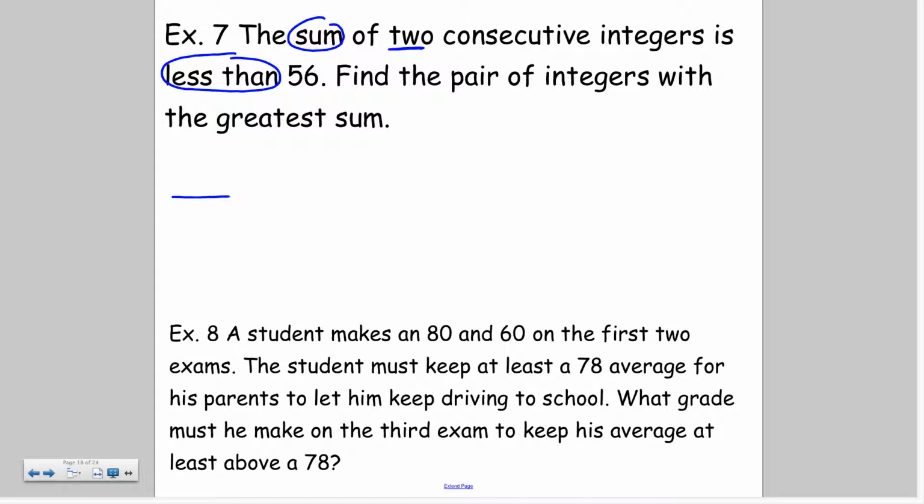So let's go ahead and draw our blanks. Instead of saying equal to 56, it says that it has to be less than 56. So in other words, 56 is the biggest number that it could be. So we're going to have an inequality instead of an equal sign.